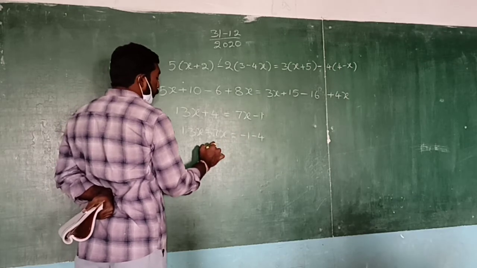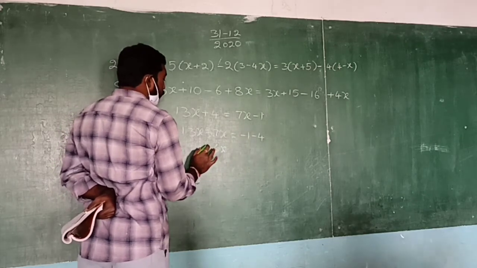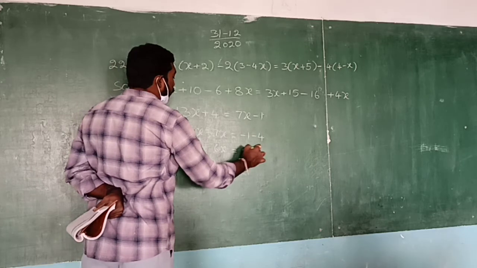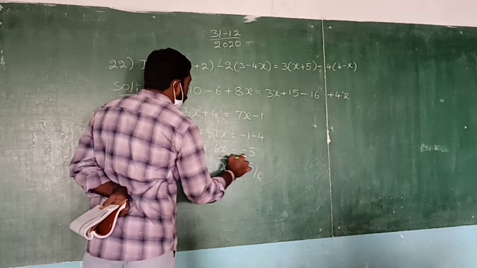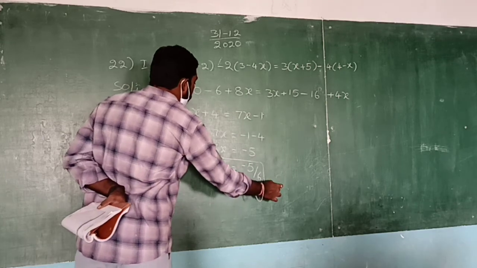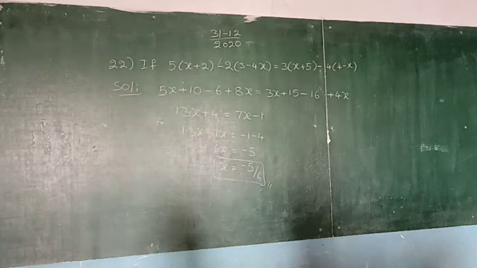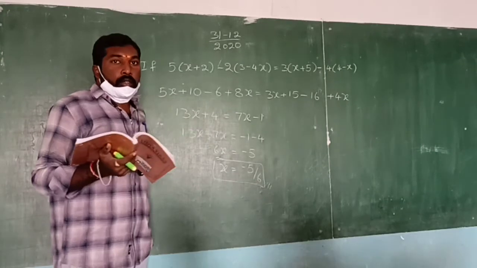Sorry, 6x, that is equal to -5. So x is equal to -5 by 6. Okay?